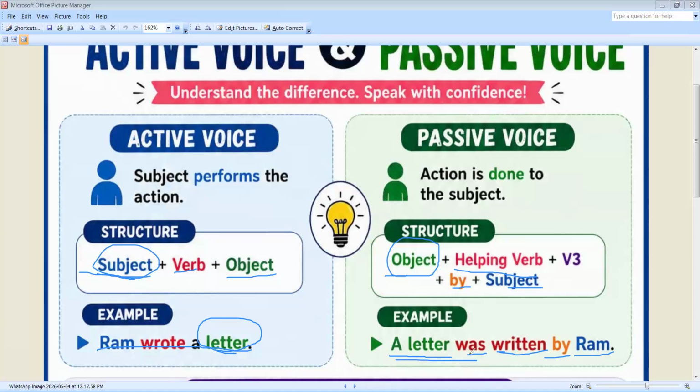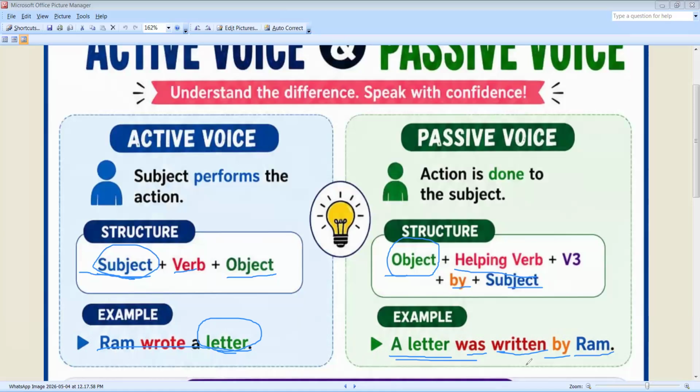In passive voice, the object comes first and we have to add a helping verb like was, were, and the verb must be in v3 form.